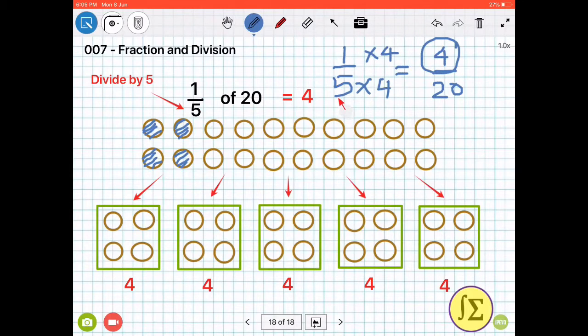We find the relationship between 5 and 20: that's 5 multiplied by 4. So the numerator should be 1 times 4 also. You get 4. So that's another way of finding the answer, which is to treat them as equivalent fractions. 20 is the denominator of the equivalent fraction, and we have to find the numerator, which is the answer to 1 over 5 of 20.